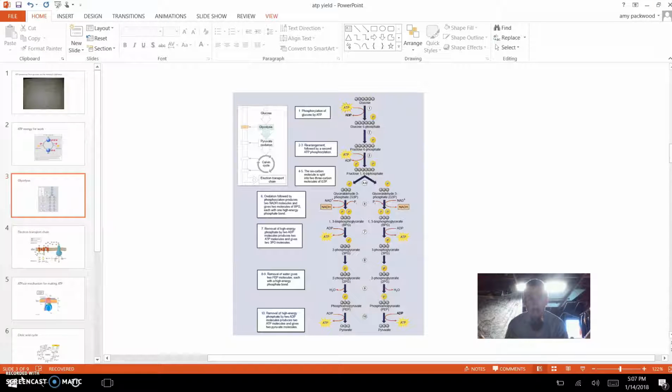We're producing a little bit of ATP. We're creating hydrogen ions. We're creating a lot of NADH, a lot of FADH in order for these products to then enter the electron transport chain. But the main product that comes out of here is pyruvate. That's what's going to power the ADP production in the electron transport chain.